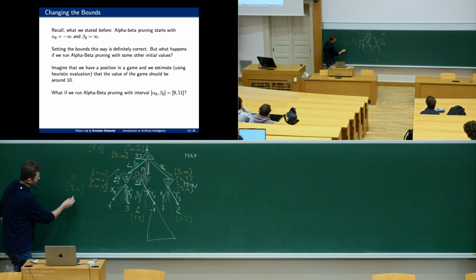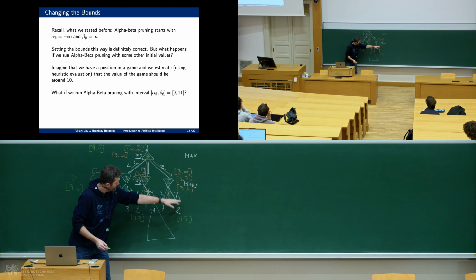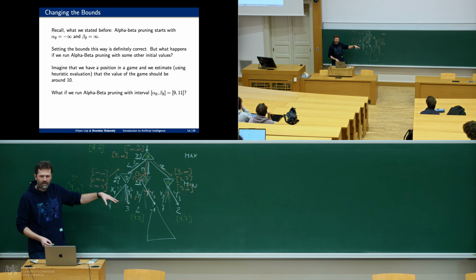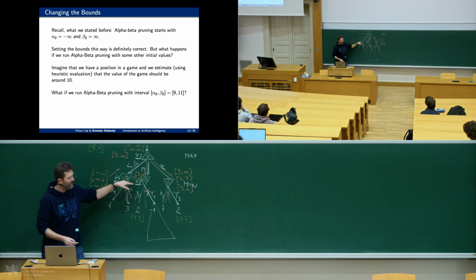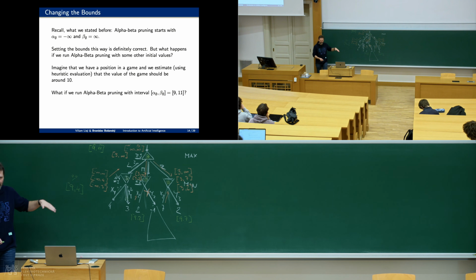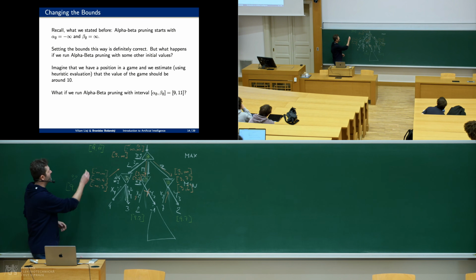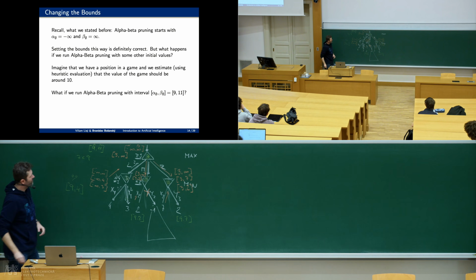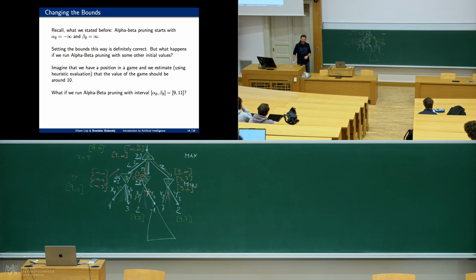And if you look at how these values affected the search, we can see that the values basically stopped the exploration in some of the nodes of the minimizing player. And we know that because that value 7 is lower than the lower bound.